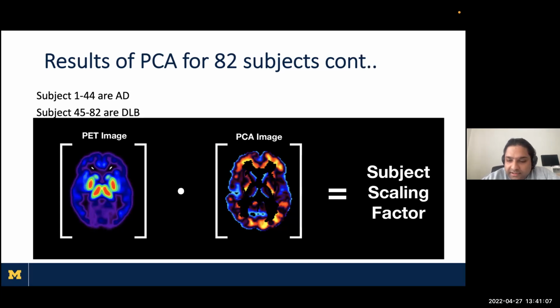From each individual subject's PET image in MNI space, we take a dot product with each individual principal component to get a scalar value. So for all 81 principal components, each subject will have 81 different subject scaling factors.